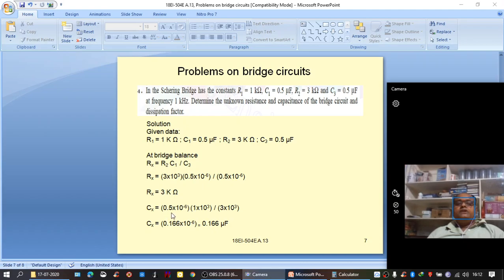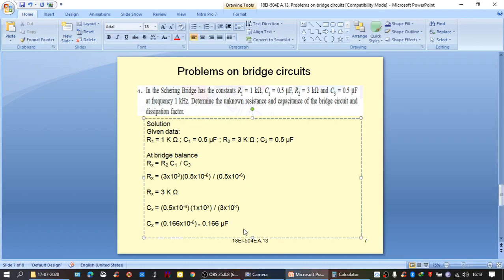Apart from that, 0.5 divided by 3 comes out to be 0.166 multiplied with 10 power minus 6. That is the value of unknown capacitance. So its value is 0.166 microfarads.